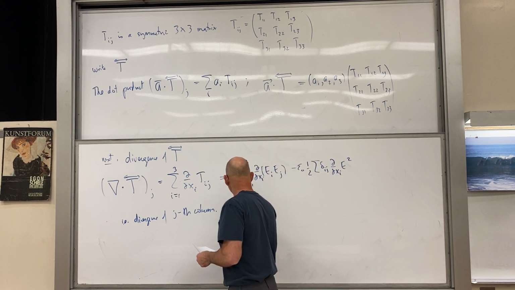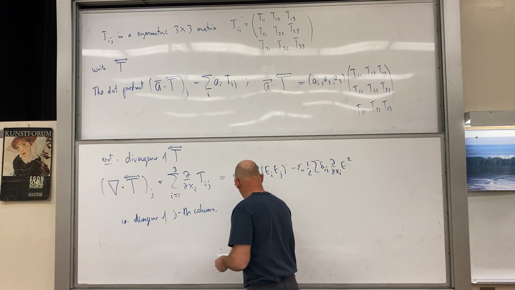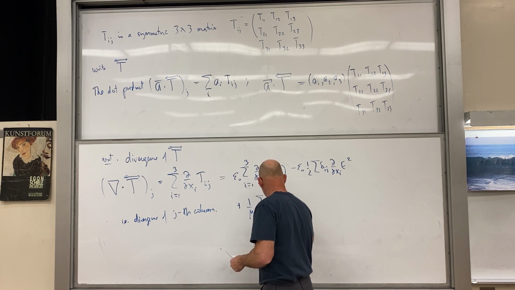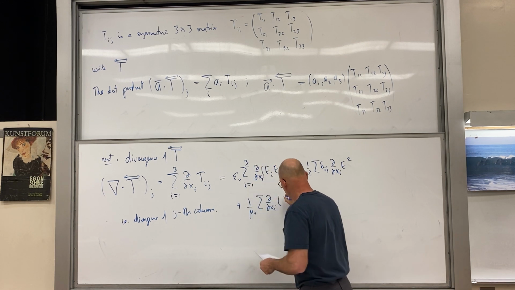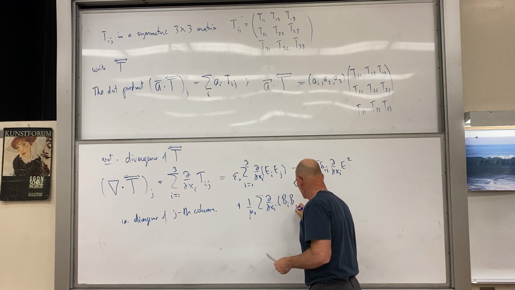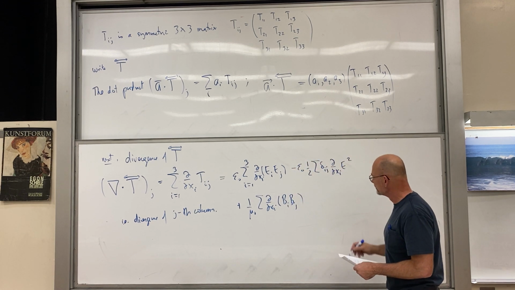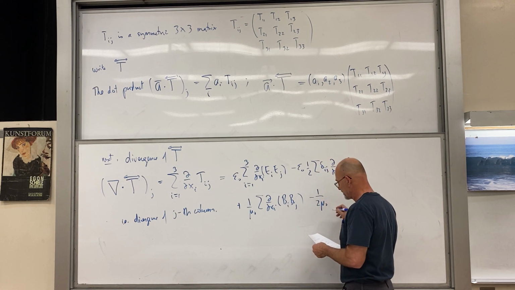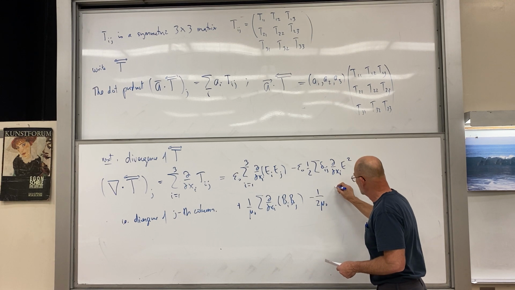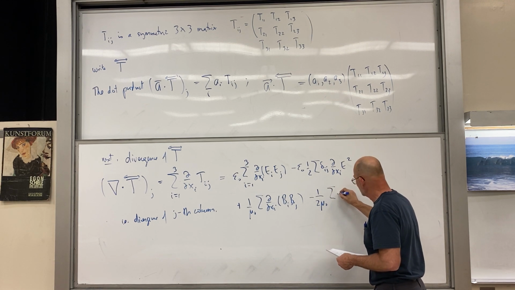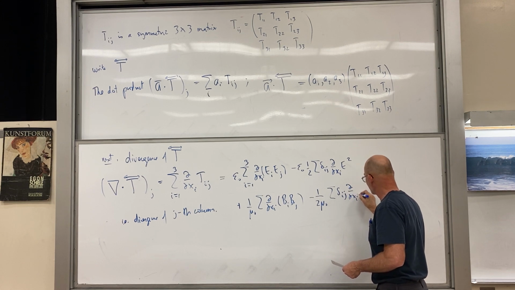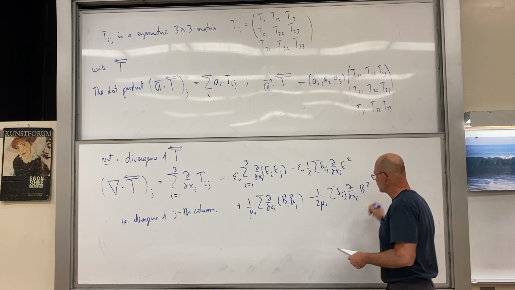And then for the magnetic part, 1 over mu naught sum over d/dx_i of B_i B_j minus 1 over 2 mu naught delta ij d/dx_i of B squared.